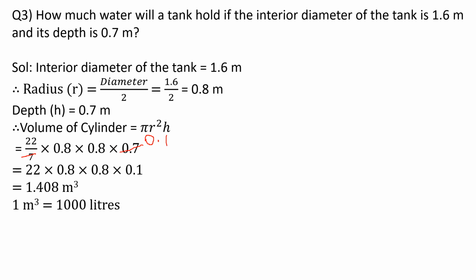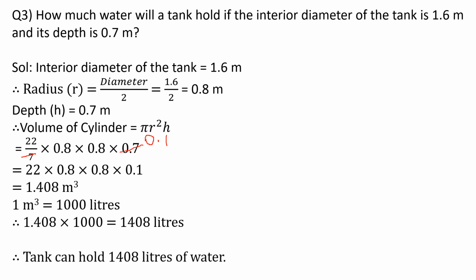So we'll convert it: 1.408 into 1000 is equal to, the decimal will shift to the right hand side, so we'll get 1408 liters of water. Therefore the tank can hold 1408 liters of water. Is it clear, students?